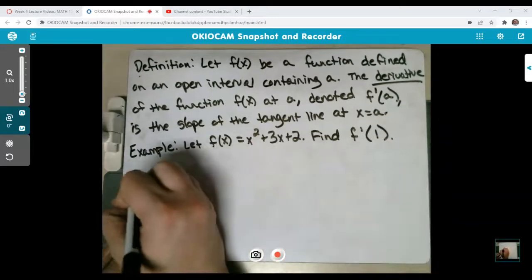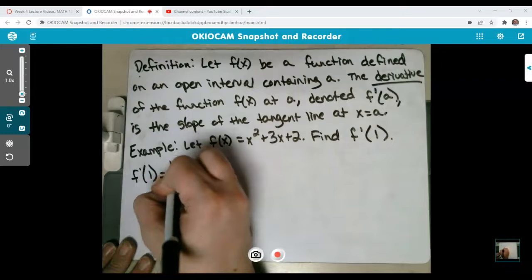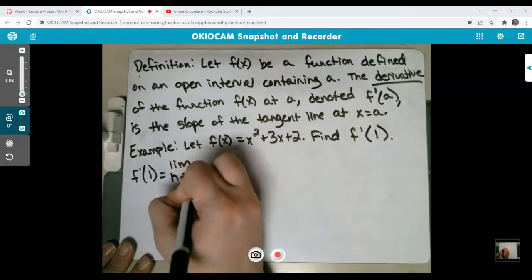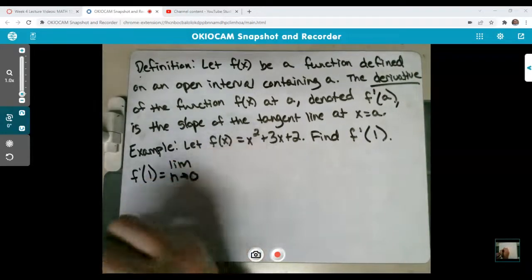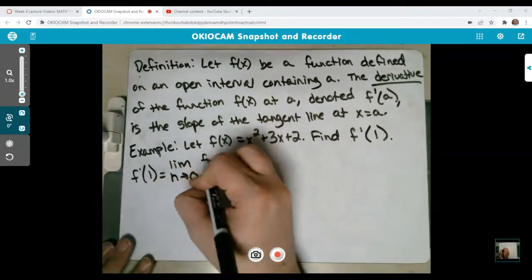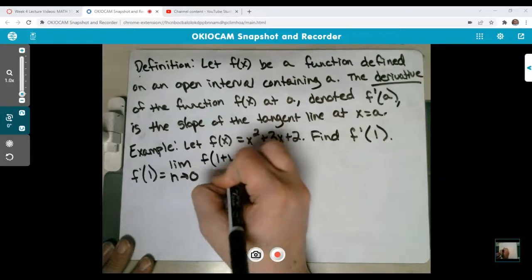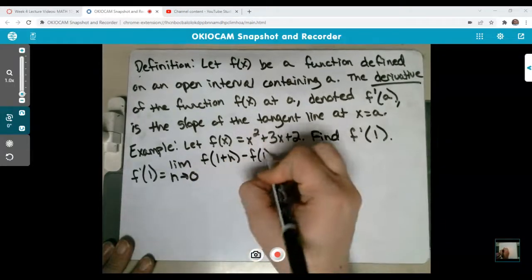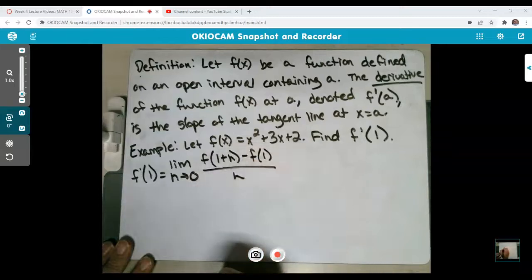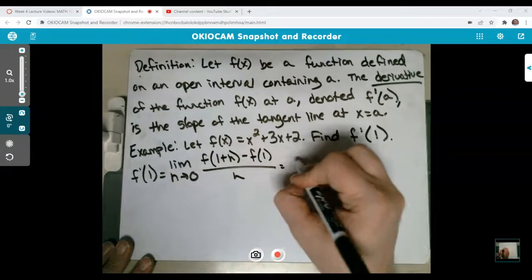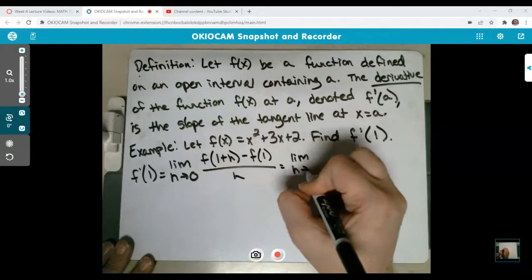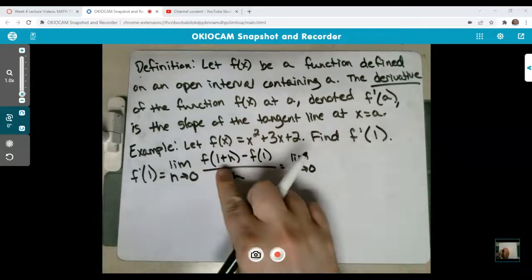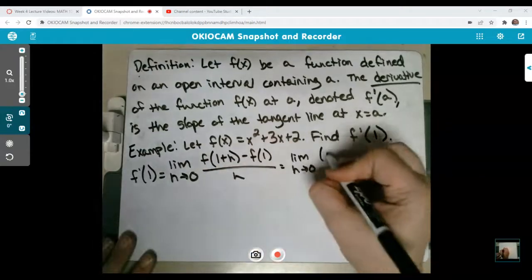So f prime of 1 is equal to the limit as h goes to 0. Remember, it's f of x plus h, so for this one it's f of 1 plus h, minus f of the x, so f of 1, all over h.